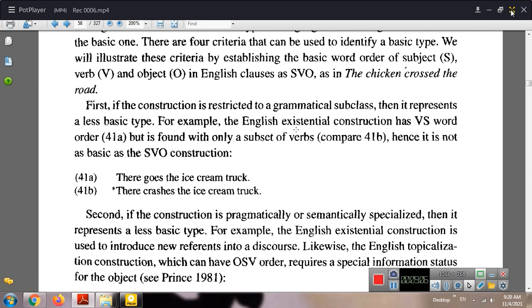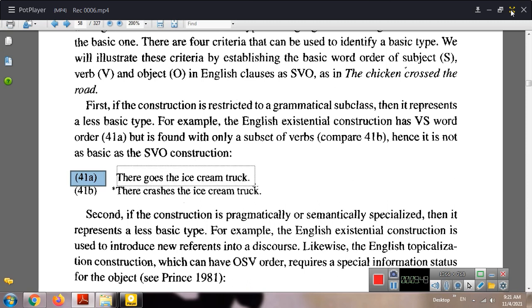For example, the English existential construction has verb subject word order. Dear student, when we have an existential construction in English, its word order structure is in this way: verb subject. But we told you that the basic type is subject verb object, but here we have verb subject, like in 41A, but it's found with only a subset of verbs compared to 41B, hence is not a basic SVO construction.